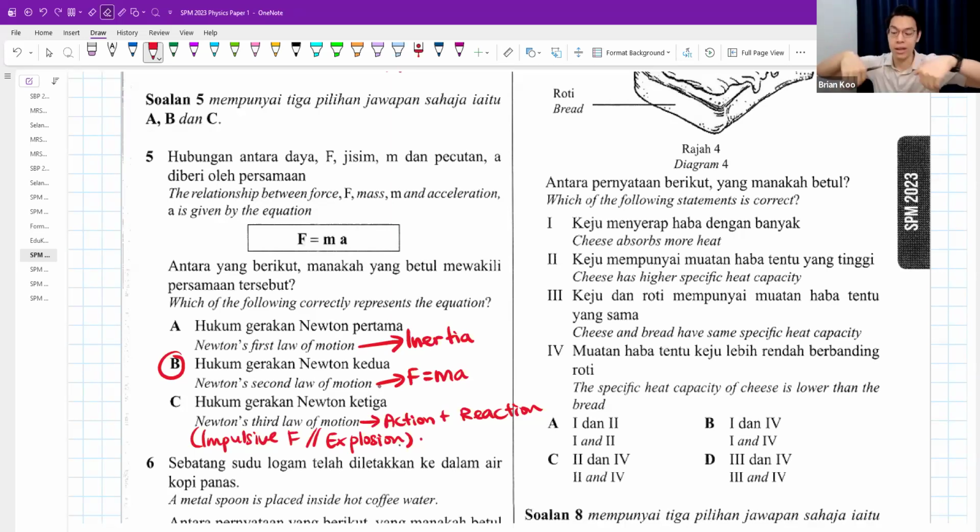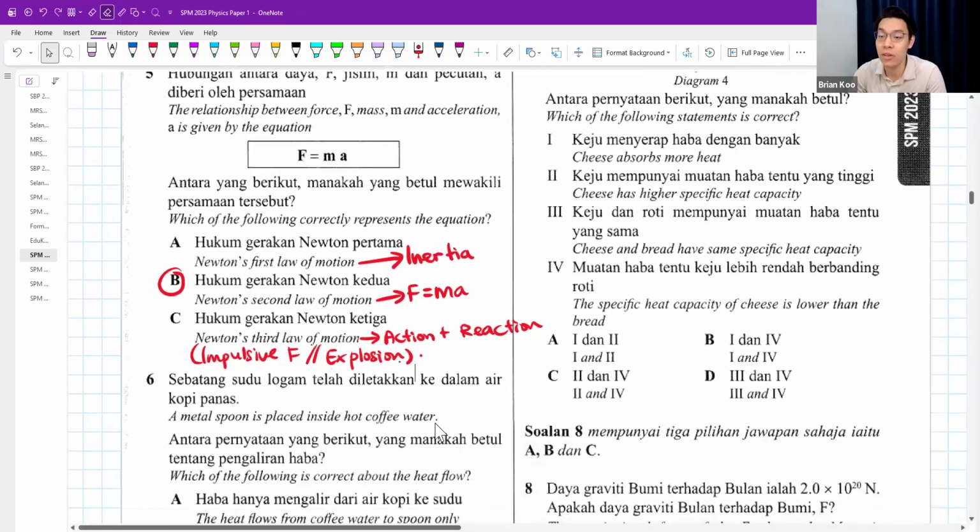Action from the exhaust shooting to the back, reaction of the rocket flying forward. Gun is also the same. You shoot the bullet out, the gun will move back. Action, reaction. Bullet goes to the front, the pistol moves to the back. So usually impulsive force, explosion, third law.